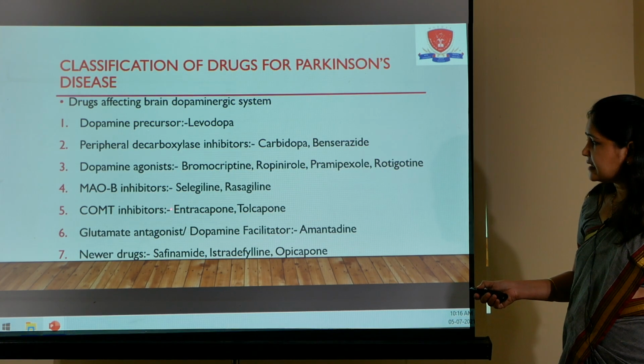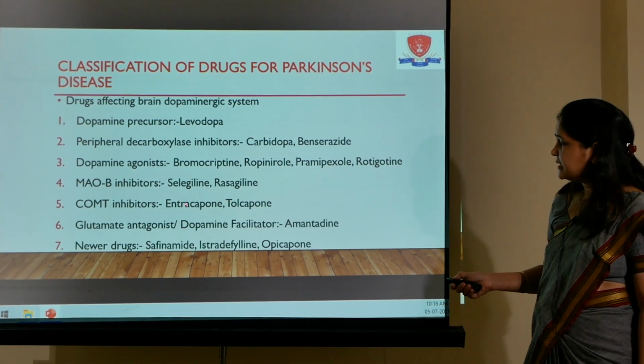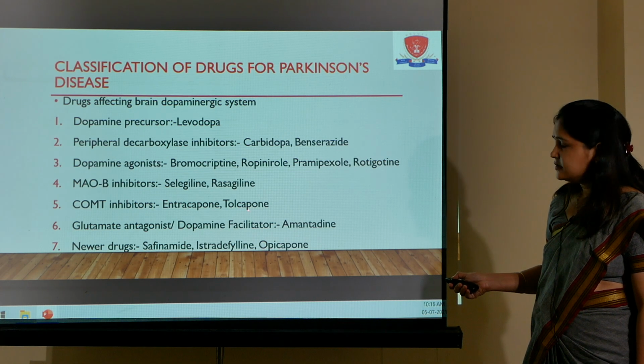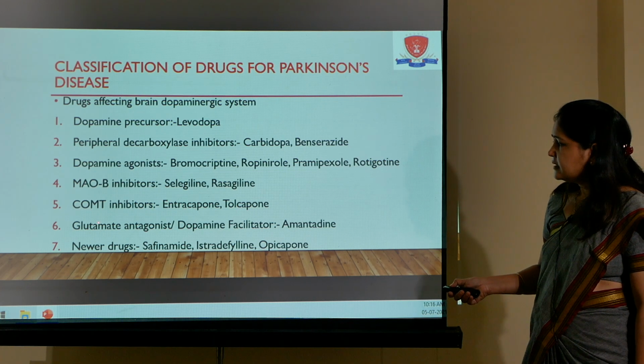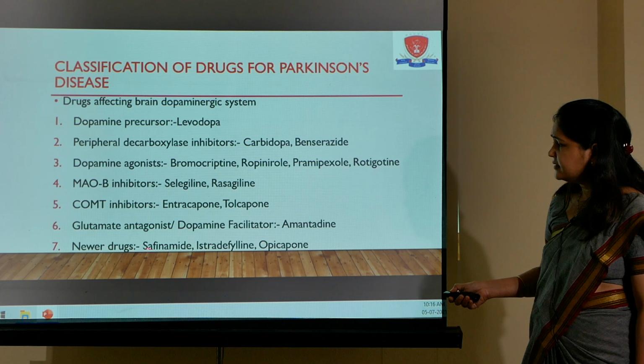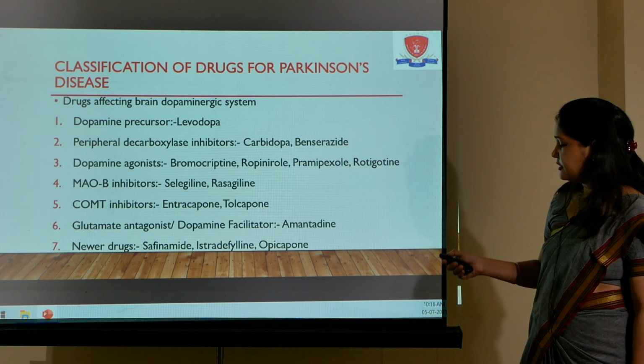COMT inhibitors again increase the dopamine level by inhibiting its metabolism: entacapone, tolcapone. Then there is the glutamate antagonist or dopamine facilitator amantadine, and certain newer drugs like safinamide, istradefylline and opicapone have been recently introduced.